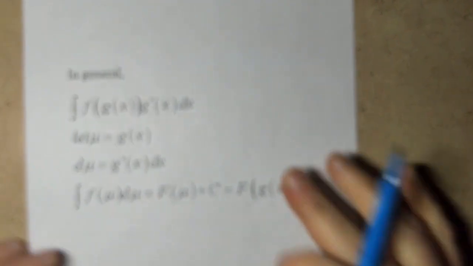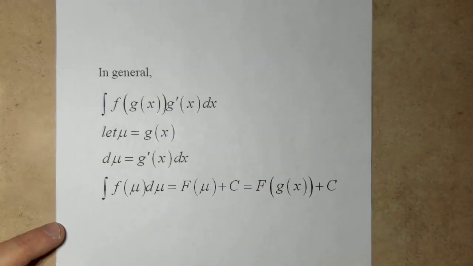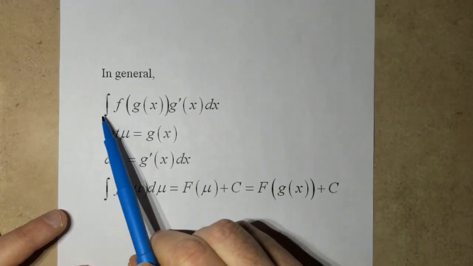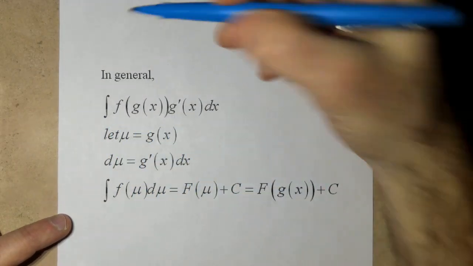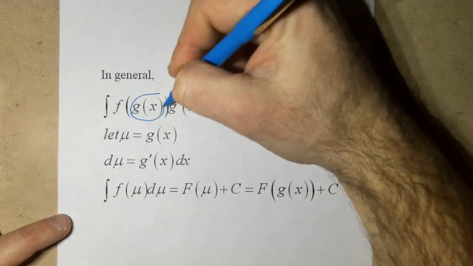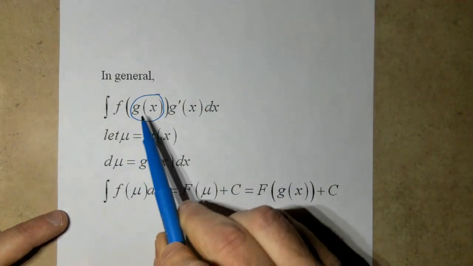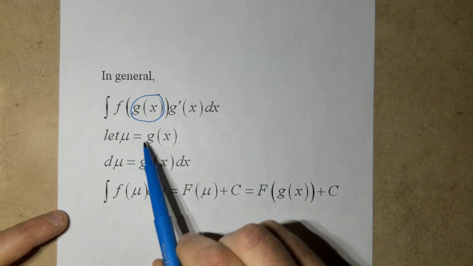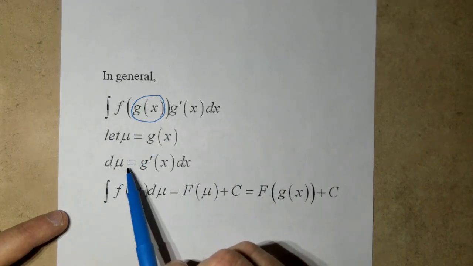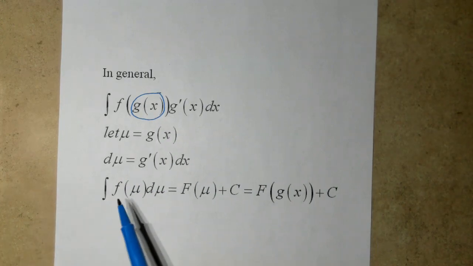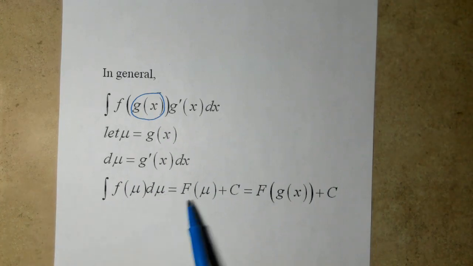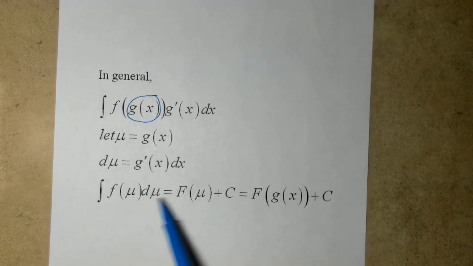At the end of the day, what we're trying to do when we're looking at indefinite integrals using u substitution, you're given an integral that was the result of a chain rule. So in reality, we have to find the innermost function. Once we do that, we're going to let u equal that innermost function, and then we're going to let du equal the derivative of that, so that we have the integral of f of u du, and then all we have to do is interpret the antiderivative of f of u.